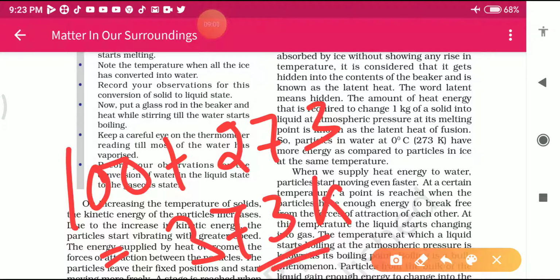So this is the boiling point of water in Kelvin. Then we can say that the boiling point of water in Kelvin is 373 Kelvin. But in degrees Celsius, the boiling point of water is 100 degrees Celsius.